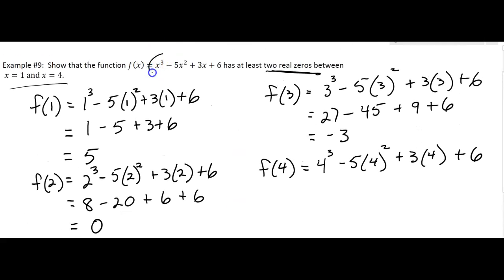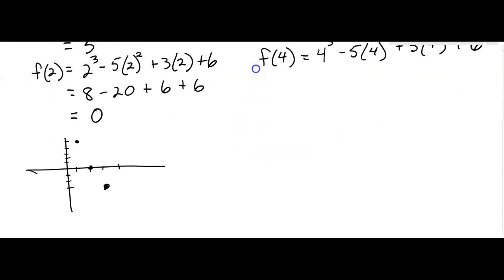What do we know about end behavior? The leading term has a positive coefficient, so the leading coefficient is positive. The exponent is odd. So we know it's going to be going up this way, and then somewhere it's going to turn around because it's got to come down here.